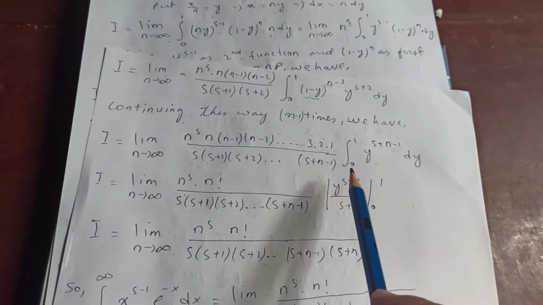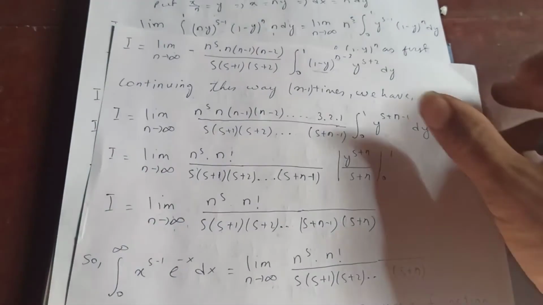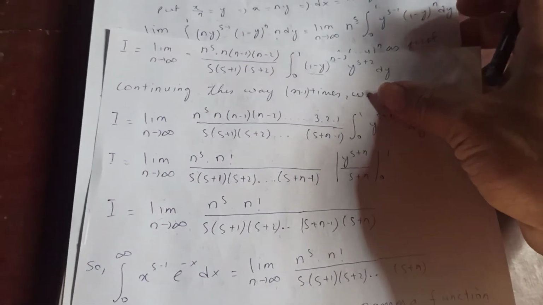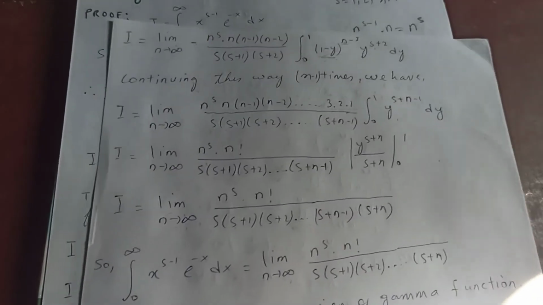If you put here 1, this will be 1 over s plus n. If you put 0, this will be 0. So limit n tends to infinity, n to the s into n factorial upon s plus 1, s plus 2, and so on up to s plus n. Right, so our original integral is nothing but this limit.